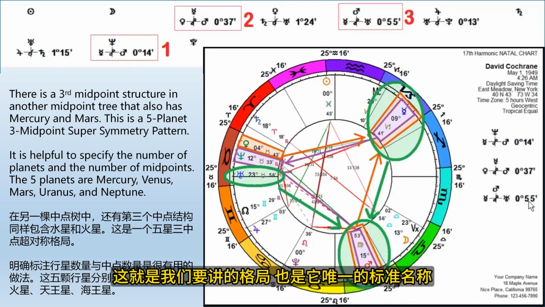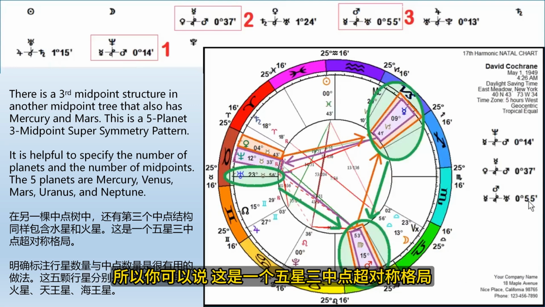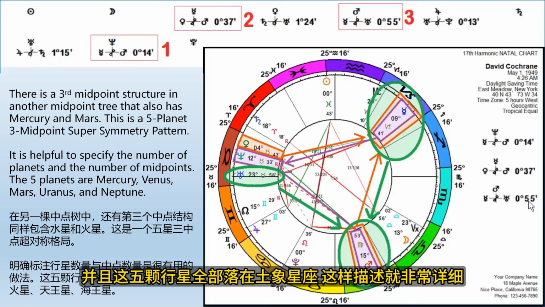And really, that's the only term for this. We don't get more detailed. If you want to describe it, you can, but we don't have particular terminology. So you can say we have a 5-planet, 3-midpoint supersymmetry pattern, and the 5 planets are all in Earth signs. That's a cool way to get very detailed.